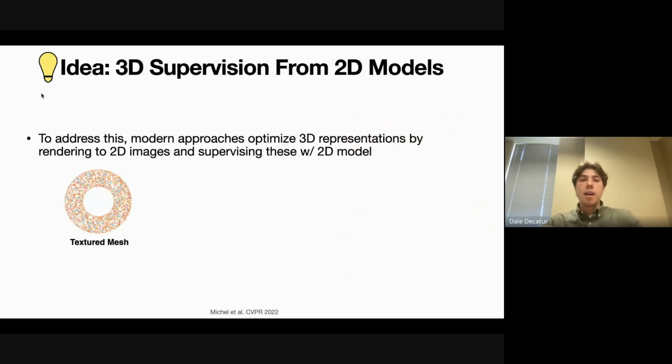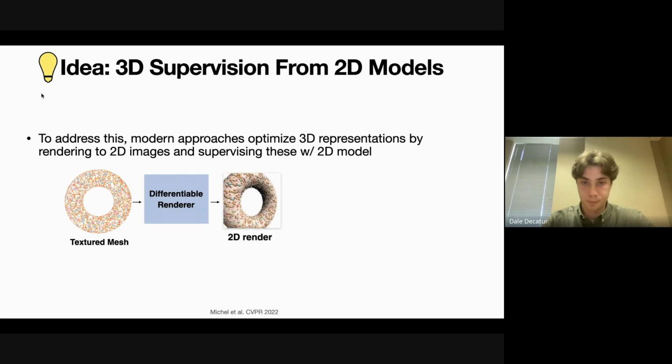One idea that a lot of people have been using recently is to do 3D supervision from 2D models. The general idea is, let's say you have some 3D representation. In this case, we're showing a textured mesh of a donut. We differentiably render this 3D representation into a 2D image.